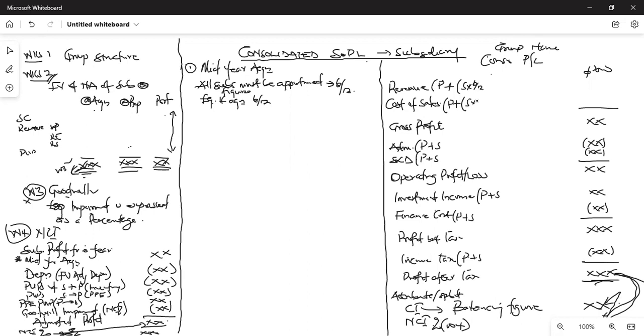You multiply by 6/12 because the acquisition was mid-year. That's how you show it.